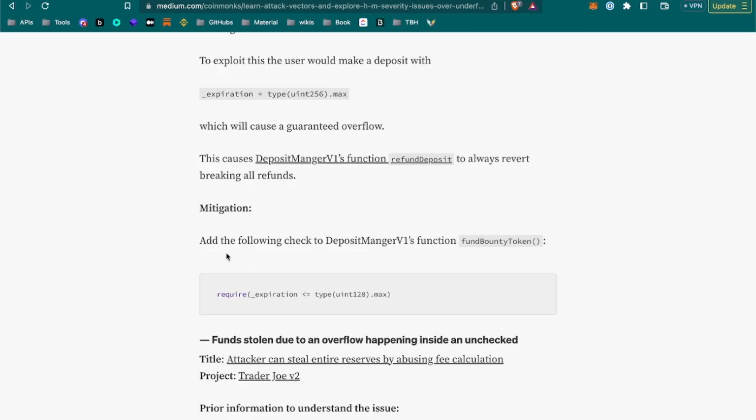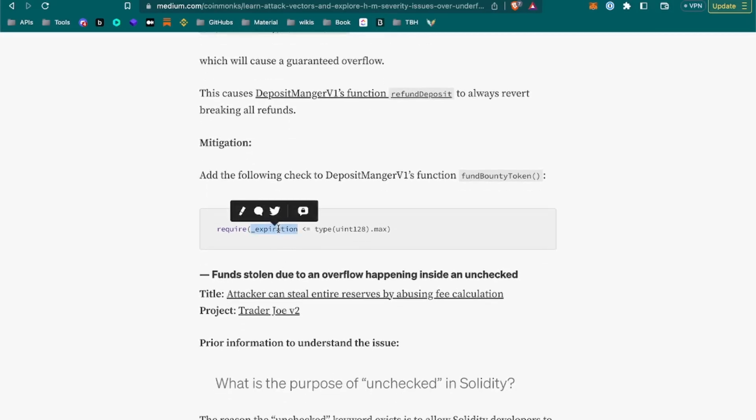It says to add the following check to fundBountyToken. That basically means that this require will check that the amount we're passing in that uint256 parameter in the fundBountyToken function needs to be smaller or equal to the maximum amount of uint128. And that's a way of preventing this vulnerability.